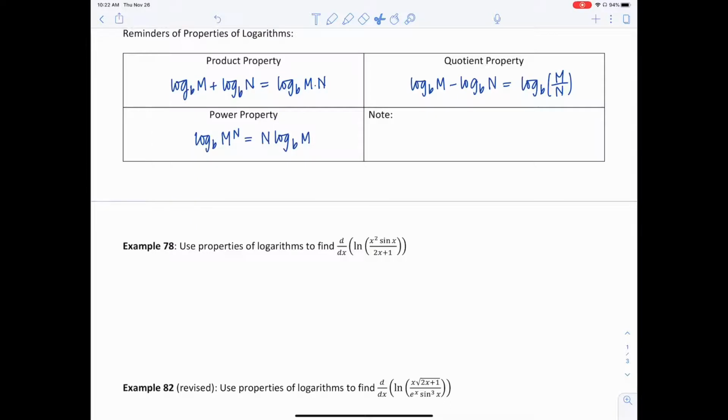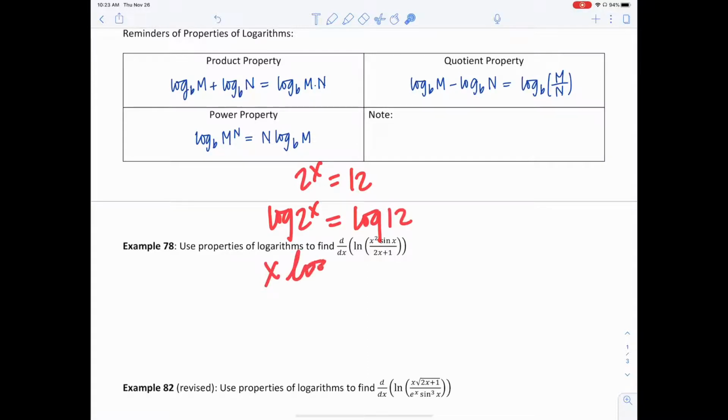This is particularly helpful when we solve equations with logs. This is what we reviewed in chapter 1. Did we do this in chapter 1? Yeah, so if we had like 2 to the x equals 12, you would take the log of both sides and bring down the x. That's the power property.